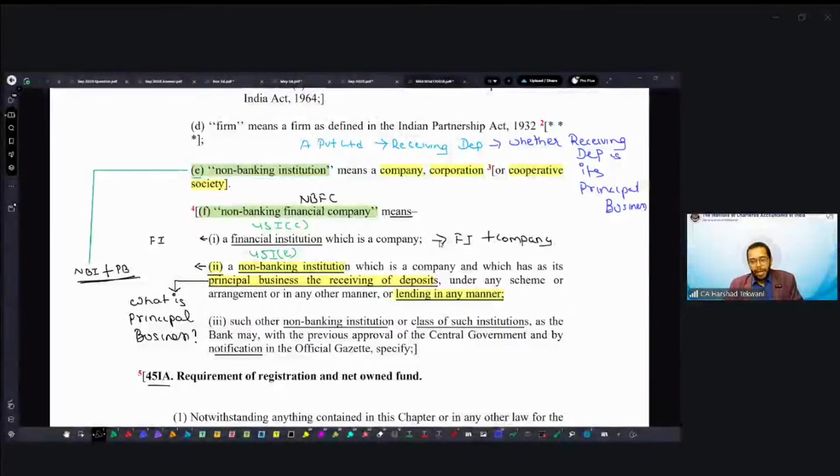So to qualify as an FI, you can be any NBI, but for the NBFC, you have to go back to the company. So it's a bit of redundancy that has to be rectified, but the crux will remain the same. Any doubt?